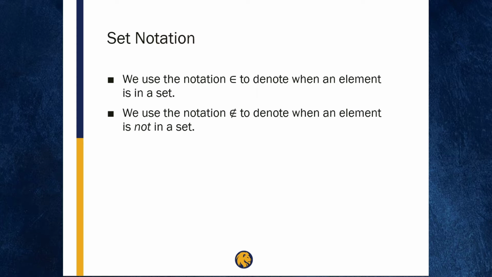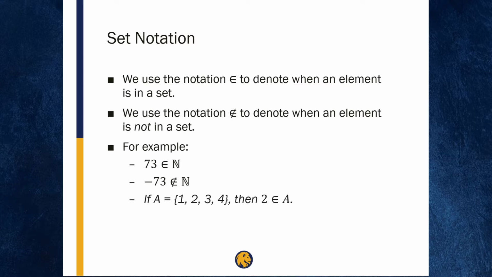And similarly, we'll strike through that when we denote that an element is not within a set. So for example, we say 73 is an element of the natural number set, but -73 is not an element of the natural number set. Or if we're looking at smaller sets, such as set A containing 1, 2, 3, and 4, then we can write 2 as an element of set A.